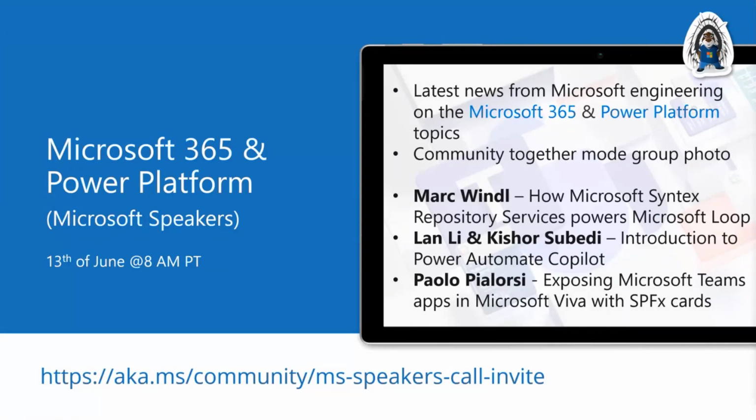That's a really cool example of how we use things in the first-party applications, but you can take advantage of the same things. Then we have Lan Li and Kishore Subedi talking about the introduction to Power Automate Copilot, and Paolo Pialorsi is going to continue showcasing that sample from today. And this time, we haven't updated the demo title, it's going to be about the Viva Connections cards, which are in the integration with that Microsoft Teams app. But that's on 13th of June.